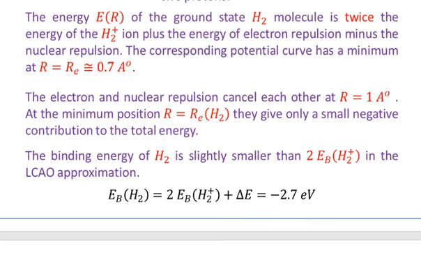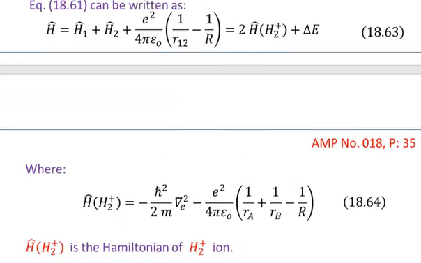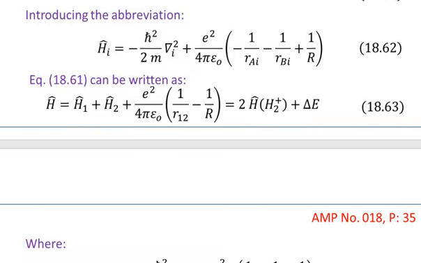You see that I have written these binding energies similar to the pattern given in equation number 18.63. On the right hand side, you can see that I have 2 times the Hamiltonian operator operating on the hydrogen singly ionized molecule plus delta E. So the energy corresponding to this one has been written, and also the corresponding energy delta E has been written.